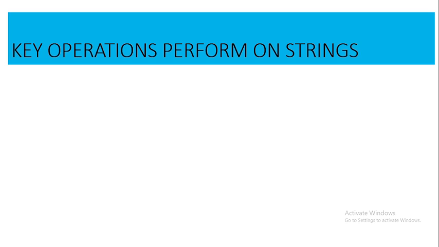Now, we have established earlier on that the type of data we have determines the operations that we can perform on such data. Now, we are dealing with strings. Let's look at some key operations that we can perform on strings.